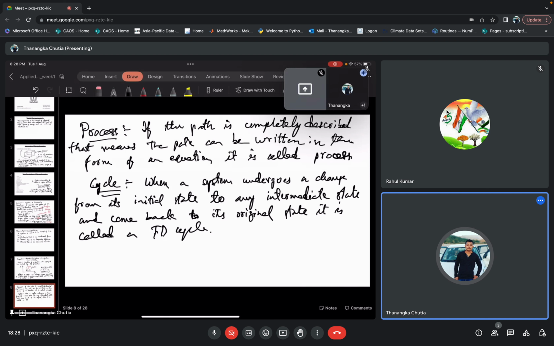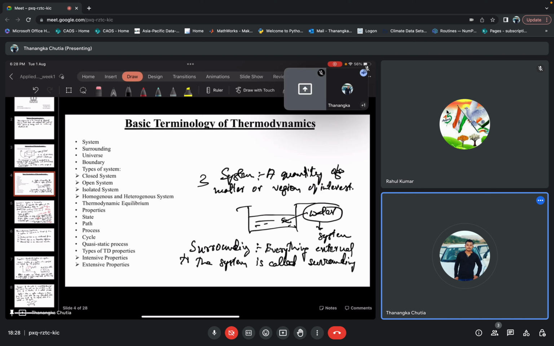So that means, suppose any system starts from this point 1, goes to this point 2 and comes back again to point 1. In this case your initial and final state are the same, so it is called a thermodynamic cycle.